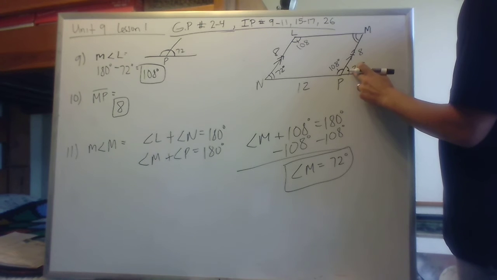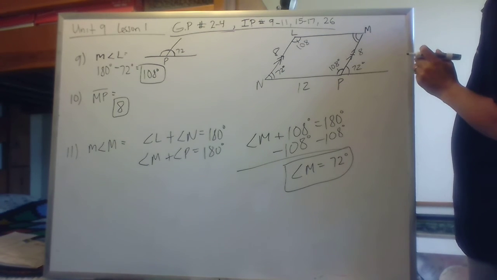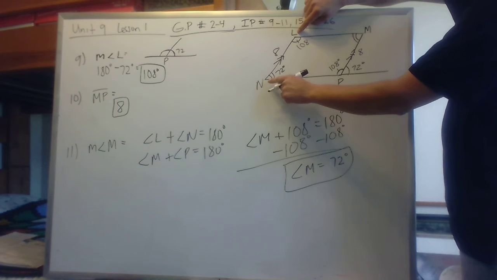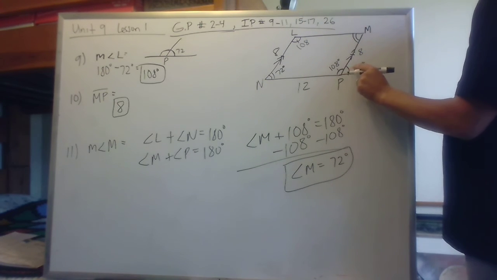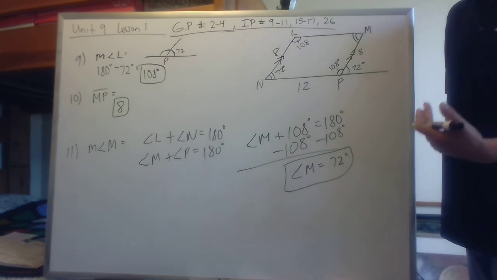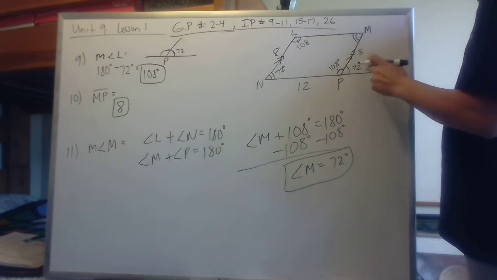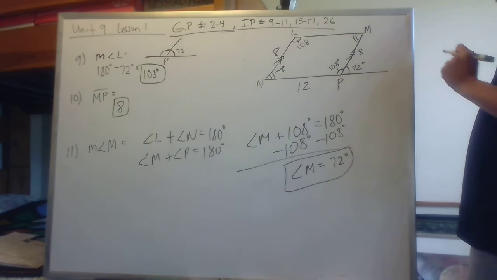This exterior angle formed by P right here is 72, and this interior angle of N is going to be 72. Because these two lines are parallel and these two lines are parallel, it's going to have what's known, as we've talked about many times before in other units, consecutive angles. These two angles are consecutive angles, angle N and the exterior angle of P.